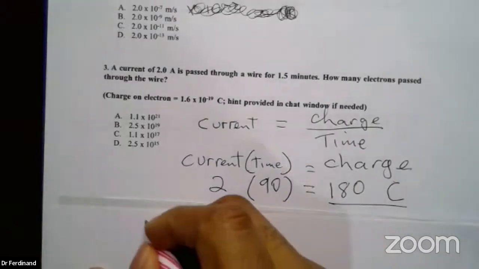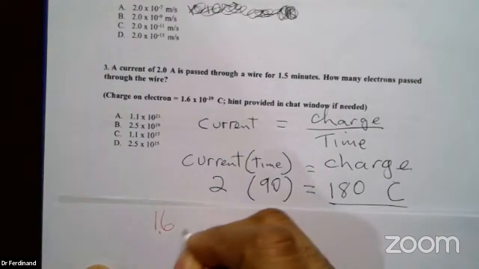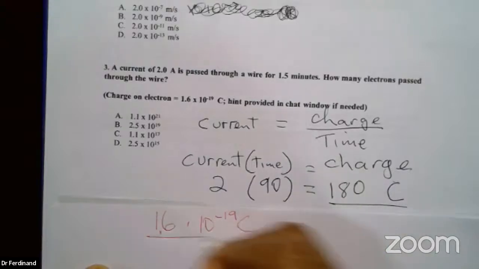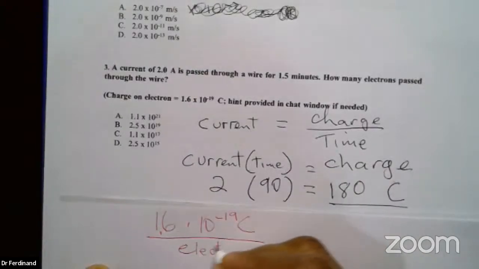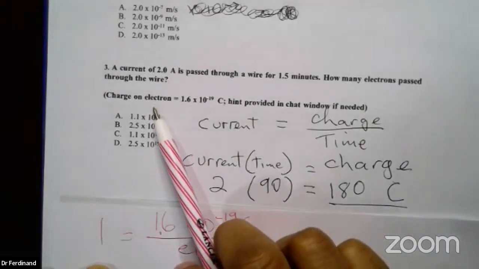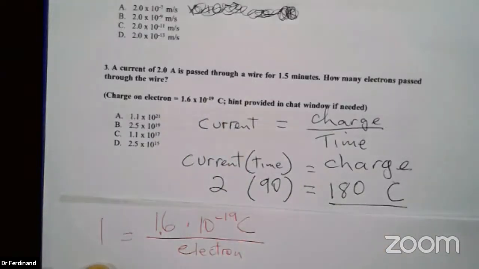Then we get the fraction 1.6 times 10 to the minus 19 coulombs per electron, because that is equal to the number 1. If I divide both sides by electron, then 1 is equal to that. And remember, you can multiply or divide anything by the number 1 and you don't change what you originally started with. And that's the value of dimensional analysis.